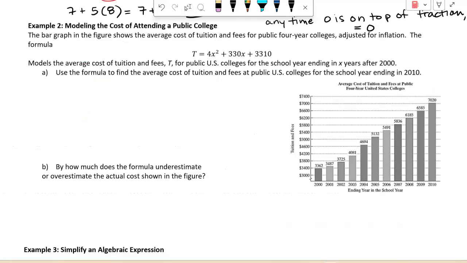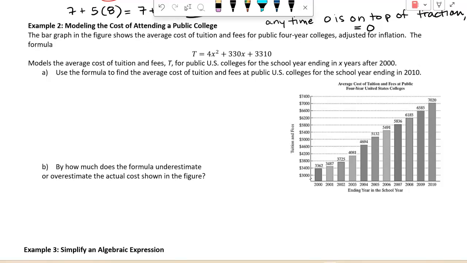So in the next example, it gives you a word problem, and I'll read the word problem, but really it is just plugging in the same way we did in example 1. It says the bar graph in the figure shows the average cost of tuition and fees for public four-year colleges adjusted for inflation, and the formula is given below, which models the average cost of tuition and fees.